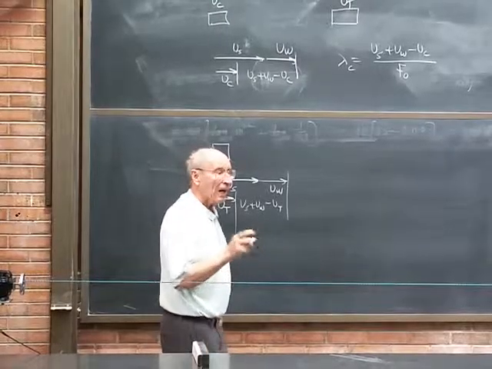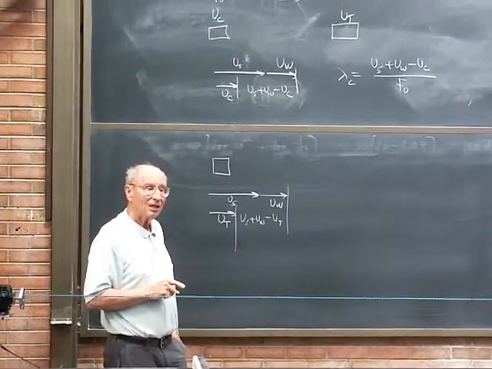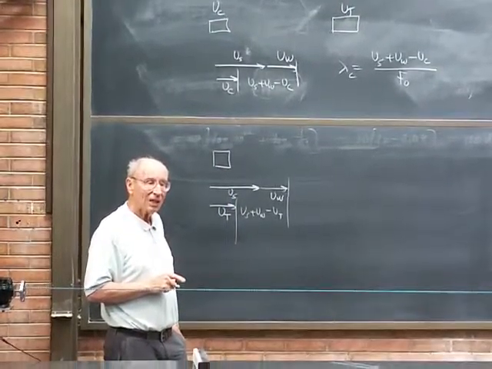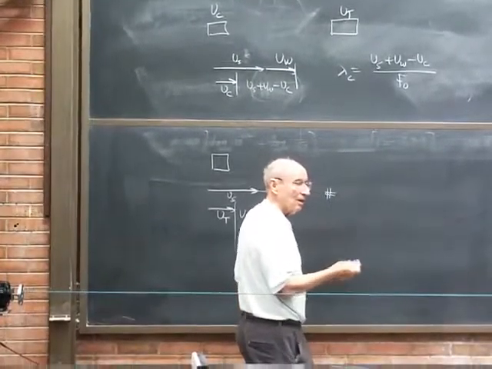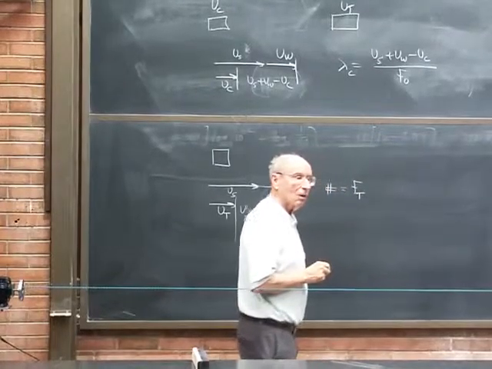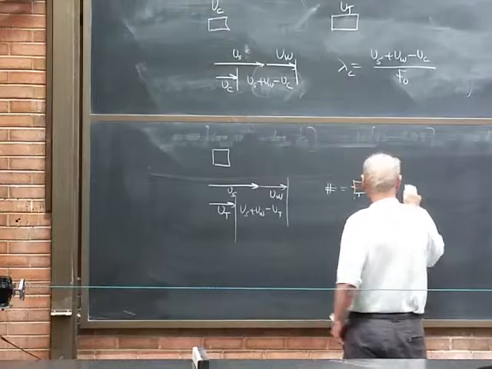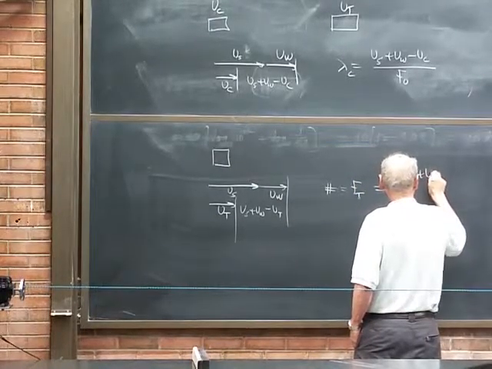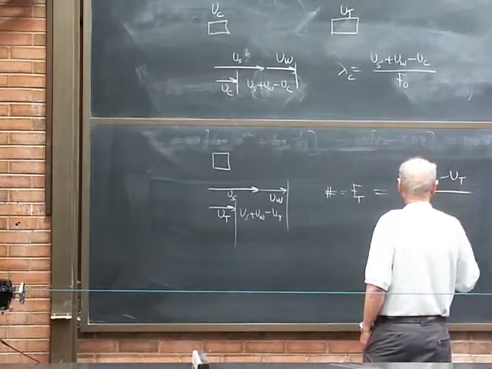So, how many beads reached you in a second? Well, the number reaching you in a second, which is the frequency that the truck driver would observe, is the length of chain that went by, Vs plus Vw minus Vt, divided by the spacing, which is what we found up here.